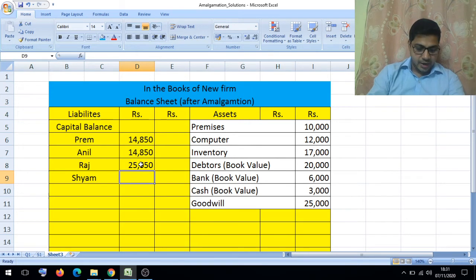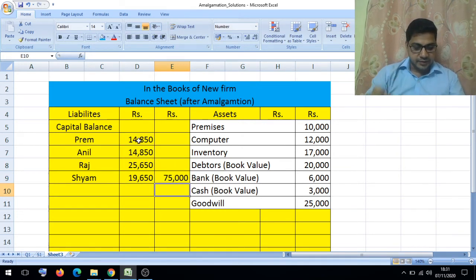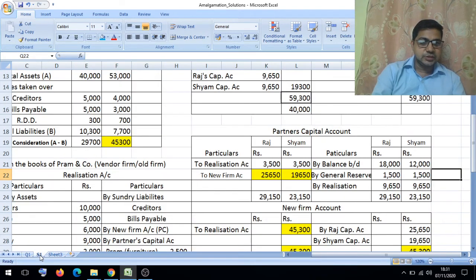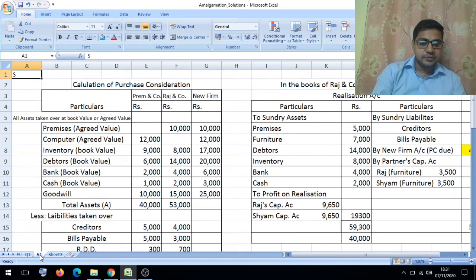Now find out the total capital of the new firm. Total will be 75,000.